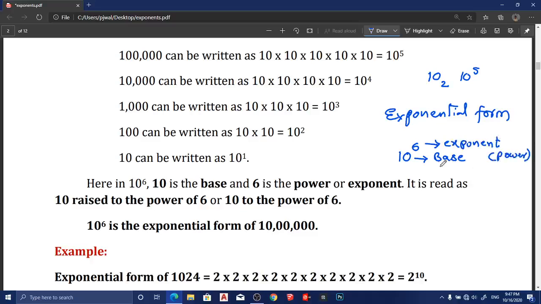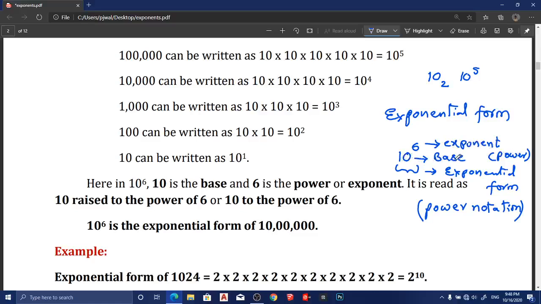And this total notation is called the exponential form, also called the power notation. Okay, one more name here. This upper side number is called the power or exponent, and this is called the base number.